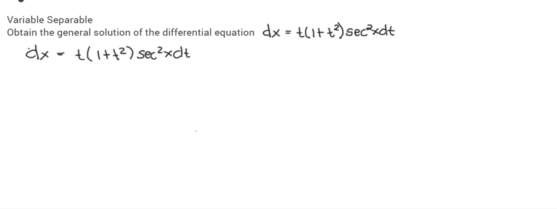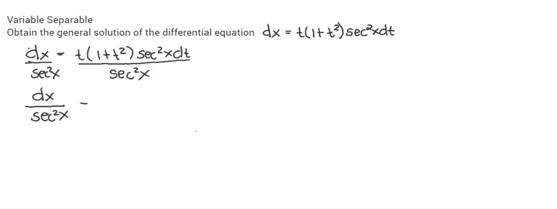Let's perform some algebraic manipulation in order to separate the variables. We divide by secant squared x, and on the other side we also divide by secant squared x. The resulting equation is dx over secant squared x equals t times 1 plus t squared dt.